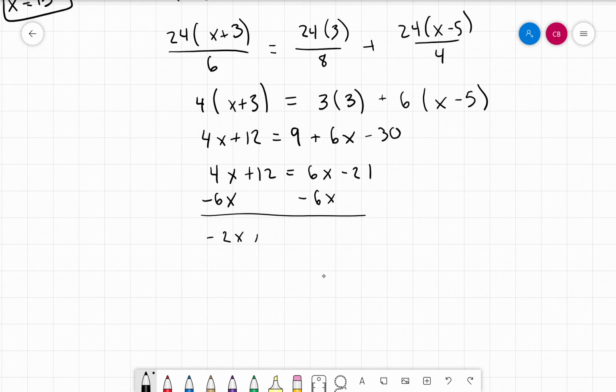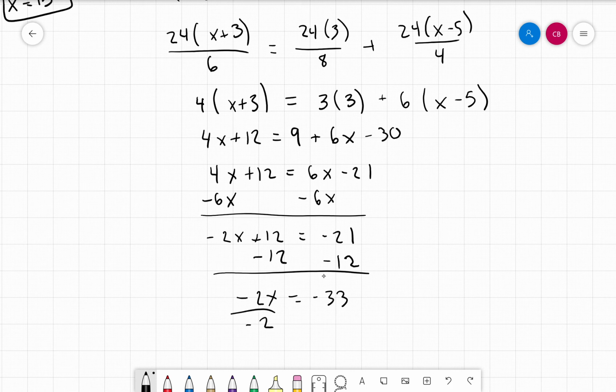Negative 2x plus 12 is equal to negative 21, minus 12. Negative 2x is equal to negative 21 minus 12 is negative 33. We just add them, 33 divided by negative 2. And x is equal to 33 over 2.